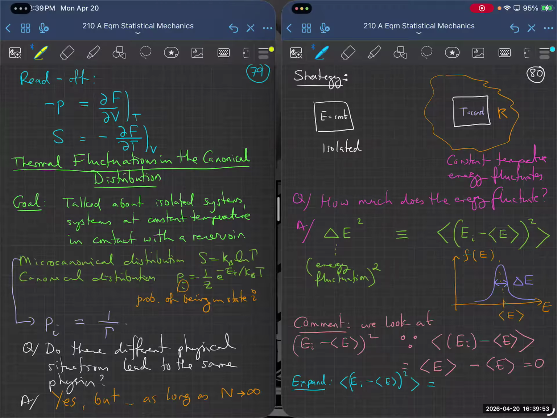The first term I'm going to get is the expectation value of EI squared, so that's the expectation value of E squared. Then what is the next term? Then I'm going to get plus the expectation value of E times its expectation value, all squared. And then I'm going to get minus 2 times the expectation value of E times the expectation value of E, like that.